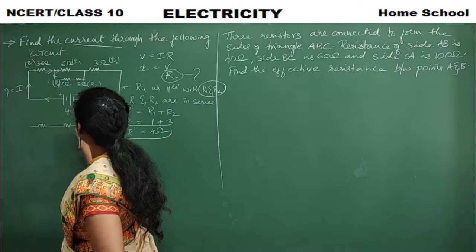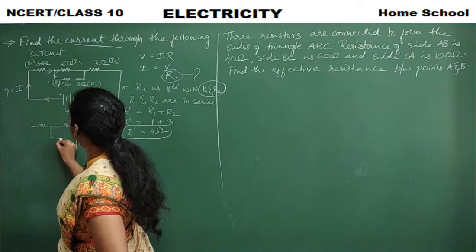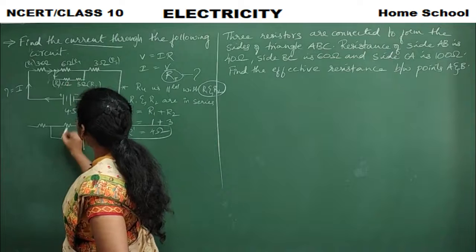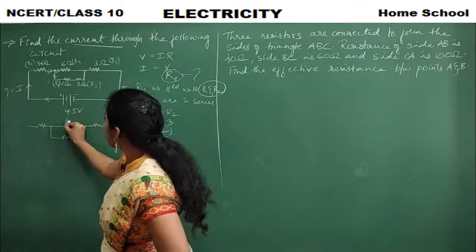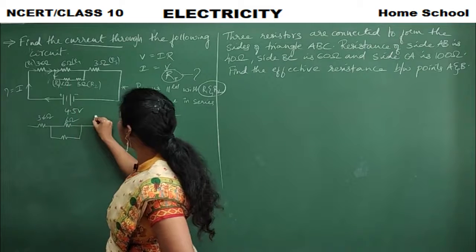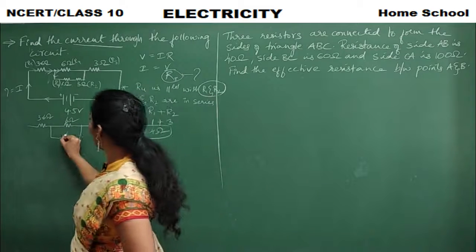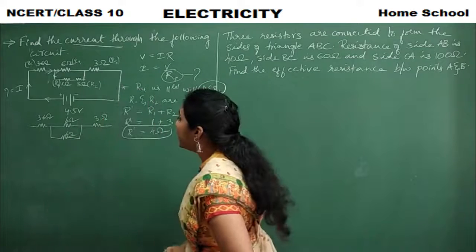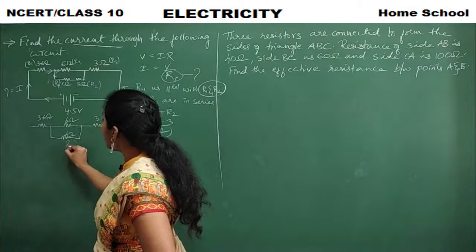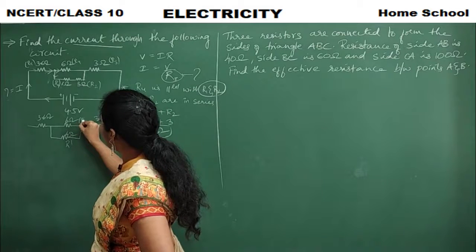What do you get? I combined this. Both of them have become together. This is how, right? And this is a 6 ohm resistor. This is 3.6 ohm resistor. This is 3 ohm resistor. And now the resistor that has 4 ohm, this is your R dash. And this is your R4.